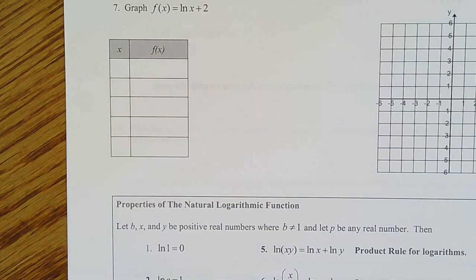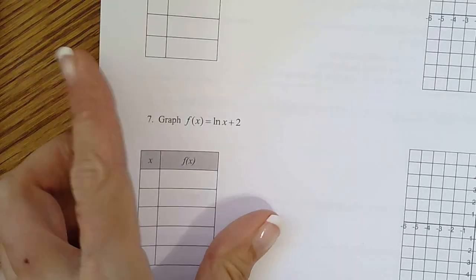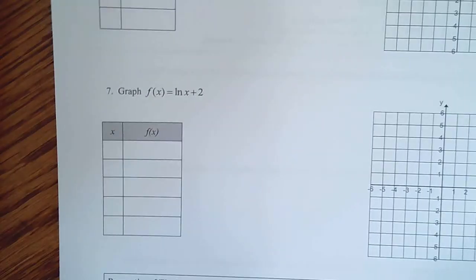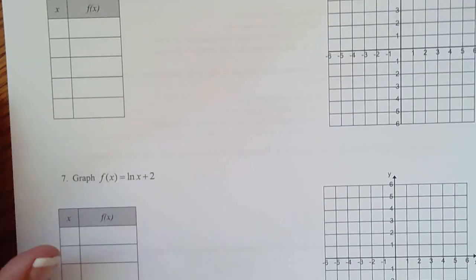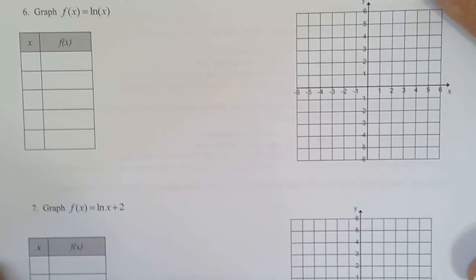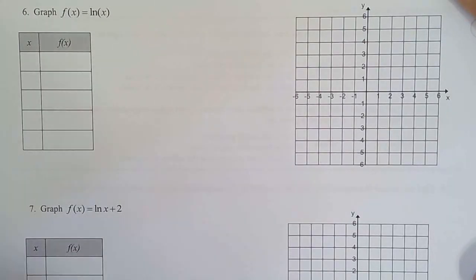So let's see what these look like on a graph. So we learned, I'm going to put a piece of blank paper in between so that I don't lead on to the next page. So we learned in 8.4 that the log is the inverse of the exponential.